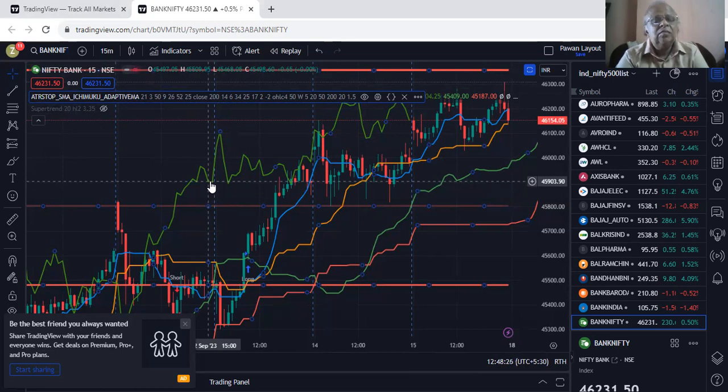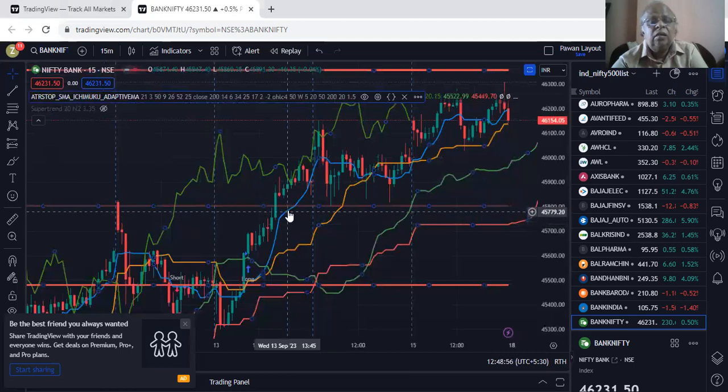This is the simple moving average of a day offset to 26 periods. Its importance I will discuss later on. But first I will describe each and every line of the Ichimoku trading system. So this is Chikou span.